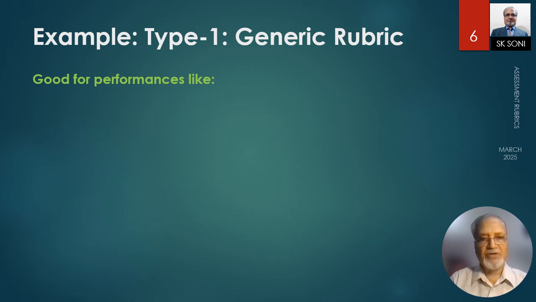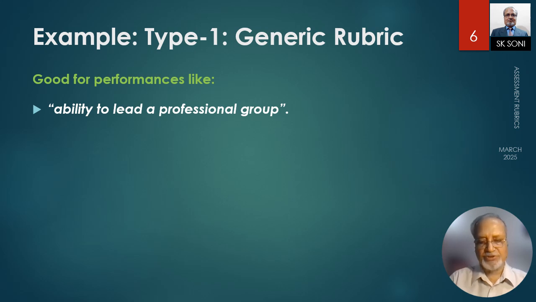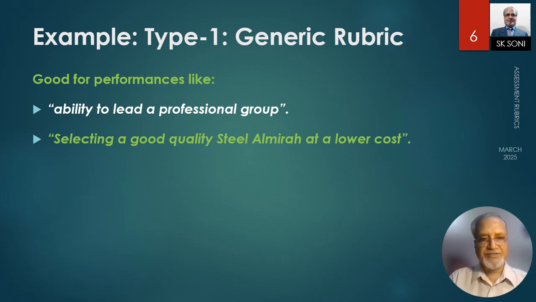Example: Type 1 generic rubric, good for performances like ability to lead a professional group. This is a generic skill. Selecting a good quality steel almirah at a lower cost. It is a good skill for a domestic person.